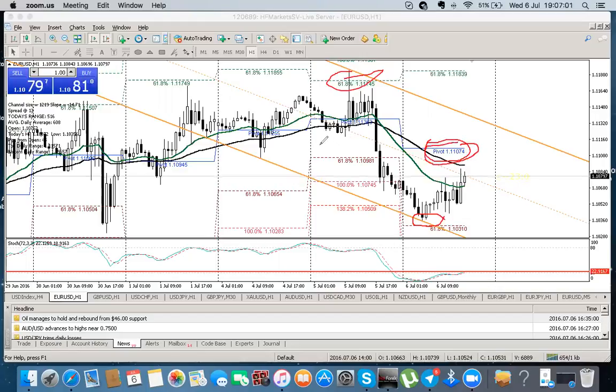I have separated the time of this chart. These candles are whatever happened yesterday, and this information, which I'm circling right now, is the day before yesterday's data.